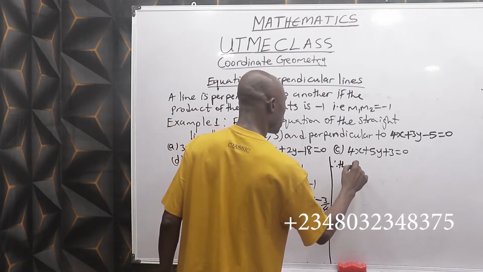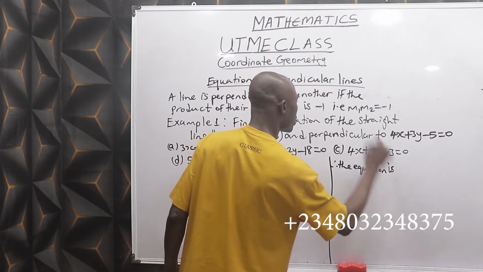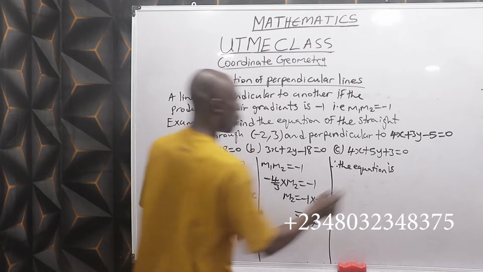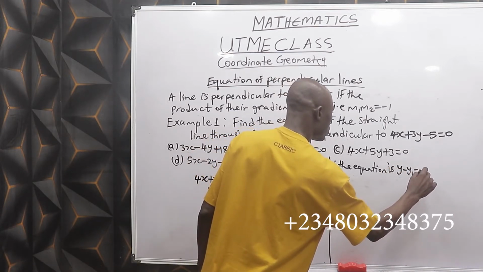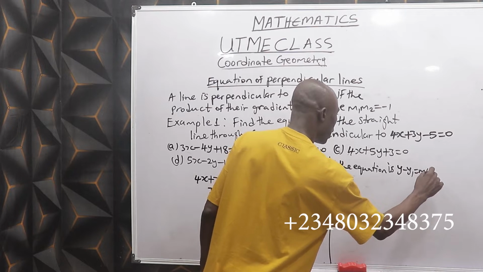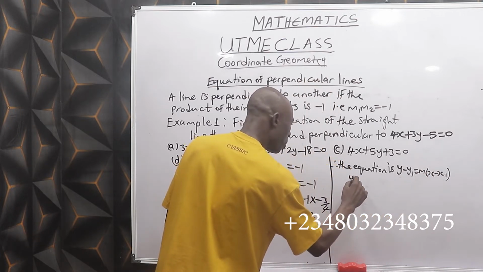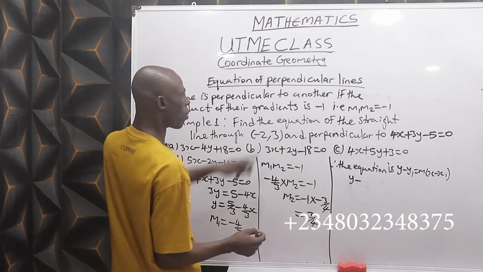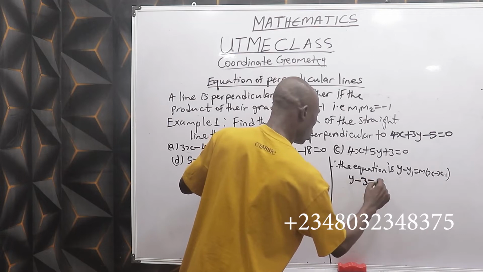Therefore, the equation is y minus y1 equals m into x minus x1. That is y minus, what is y1? y1 is 3, equals m.